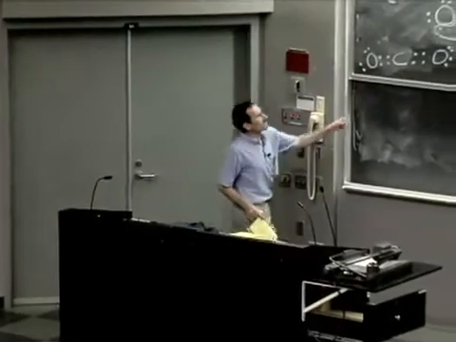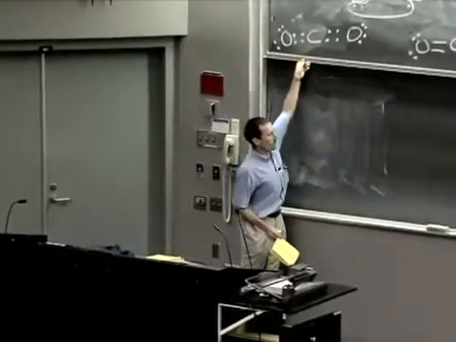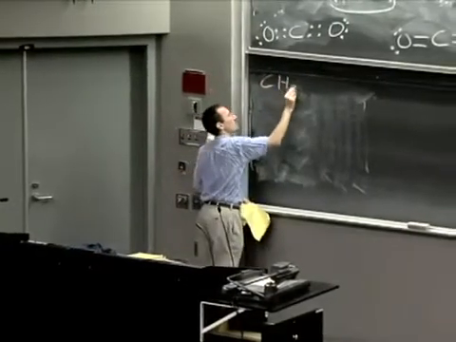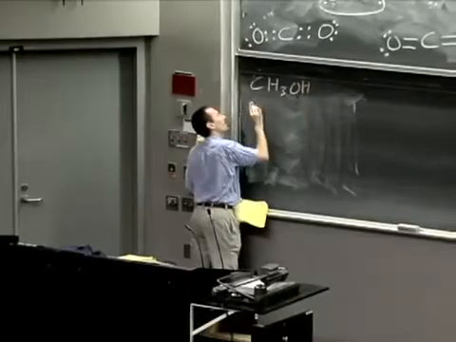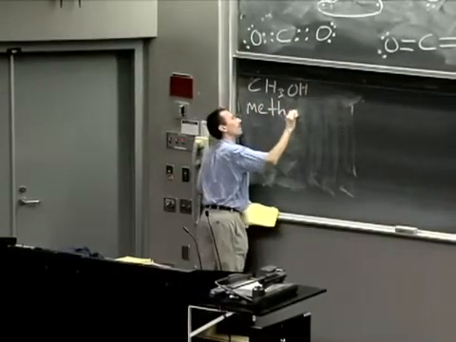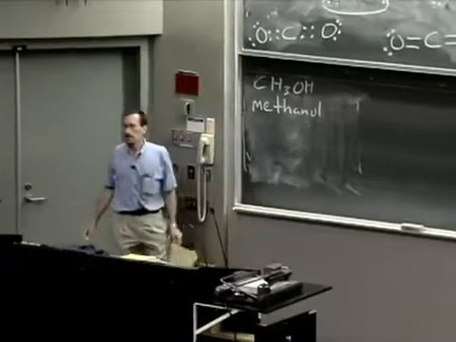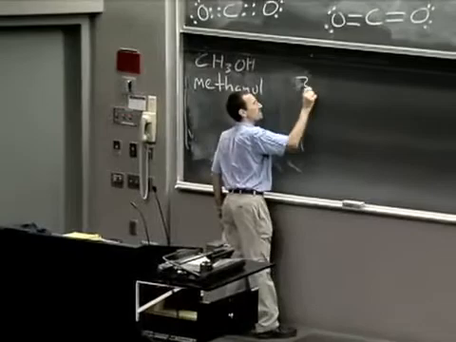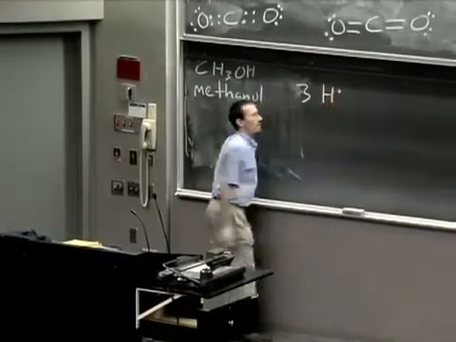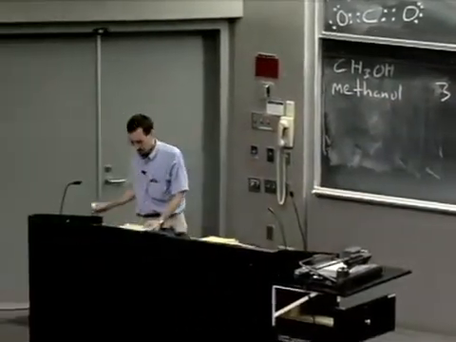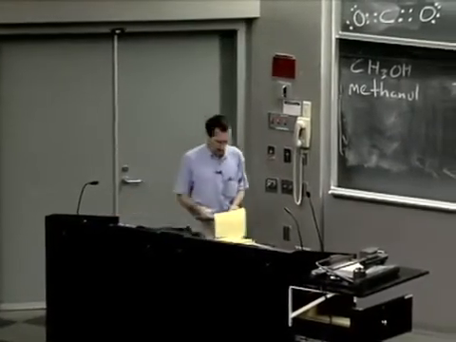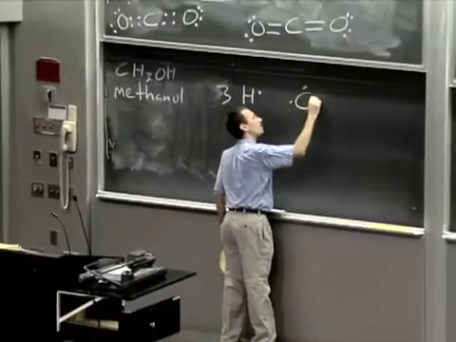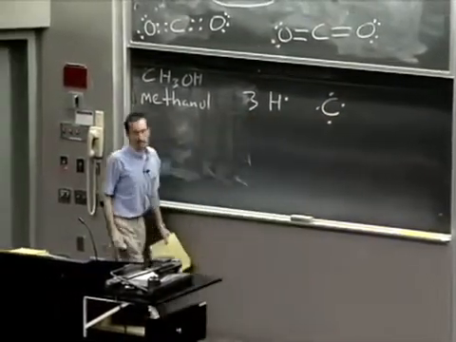Now let's try something that's a little closer to the hearts of organic chemists. We'll try methanol, CH3OH. So now we bring to the table 3 hydrogens, each with 1 electron. We bring in a carbon with its 4 valence electrons.